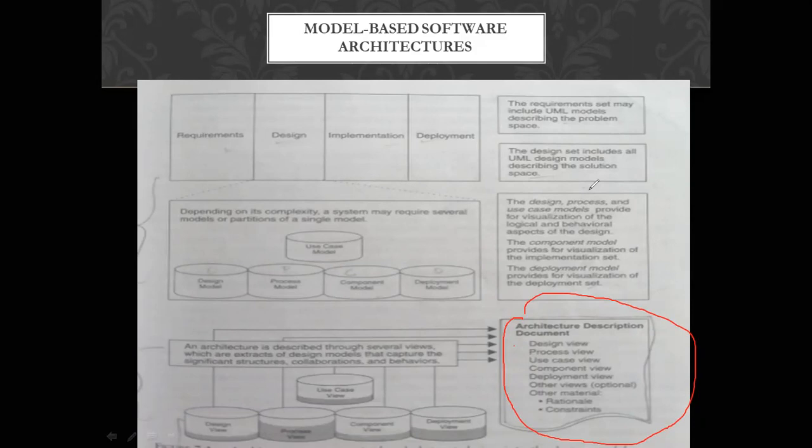So it has been said that if the architecture is not proper, then it can lead to the failure of the software. That's why the proper architecture and efficient architecture, which comprises all the stuff required, is very important.